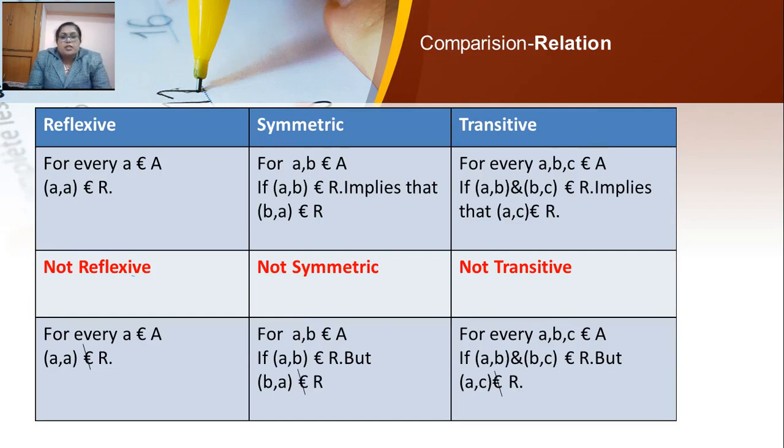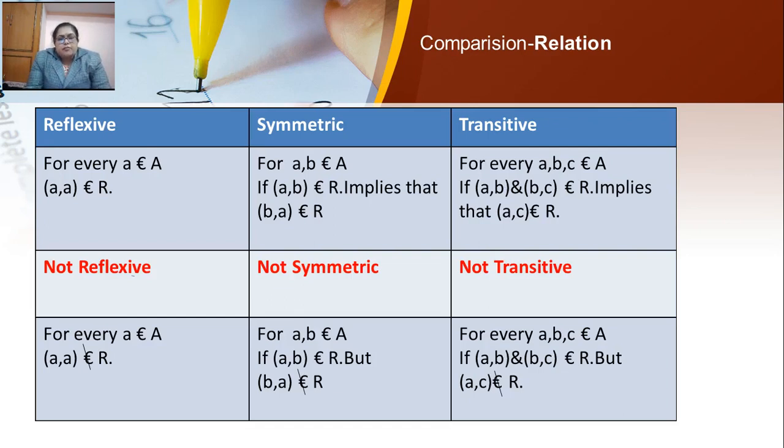Now symmetric: for (a,b) belonging to A, if (a,b) belongs to this relation, it implies that its symmetric pair (b,a) also belongs to R. And not symmetric: when (a,b) belongs to this relation but its symmetric pair (b,a) does not belong to R.